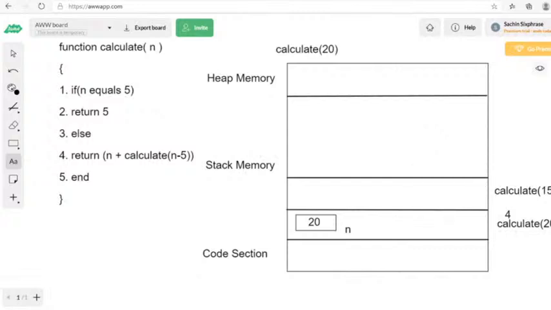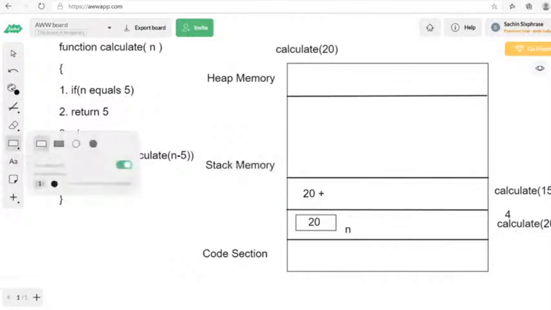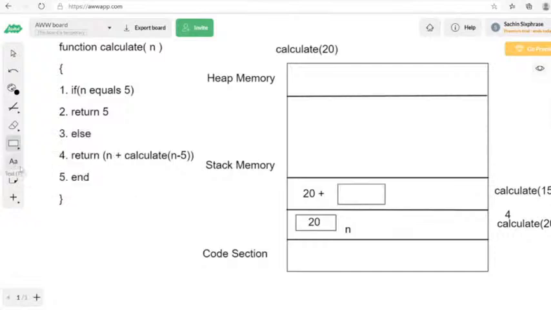The function does n plus calculate of n minus 5, where n is the previous activation record's n, 20, so it is 20 plus calculate of 15. For the calculate of 15 call, one memory block is created for variable n, taking the new value 20 minus 5, which is 15.